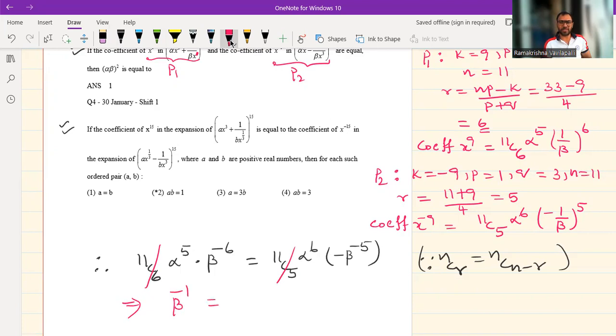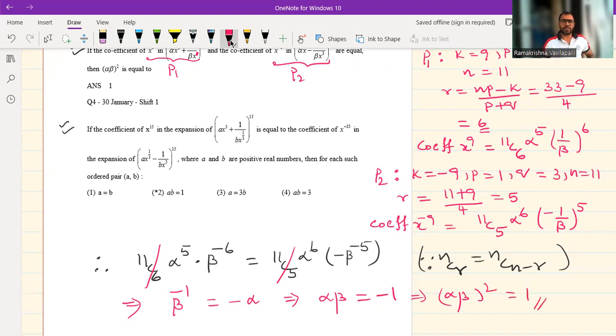This is equal to minus alpha. This implies alpha into beta equals minus 1. But they are asking what is alpha into beta whole square. So alpha beta whole square equals 1.